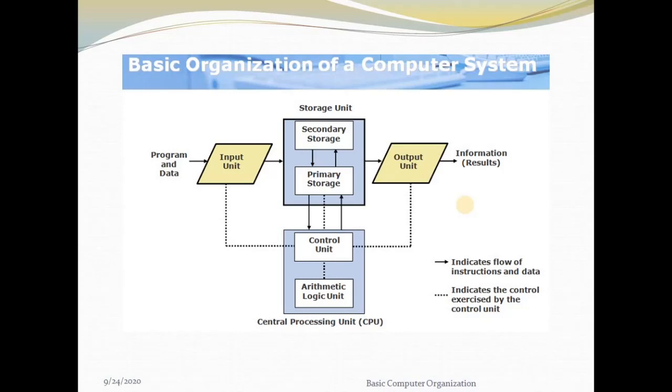Even though the internal architecture differs from one computer to another, for example one computer may be a desktop and another a laptop, or even among desktops one system may have a 32-bit processor and another a 64-bit processor, and the size, shape and storage capacity may differ, the working of any computer device remains the same.